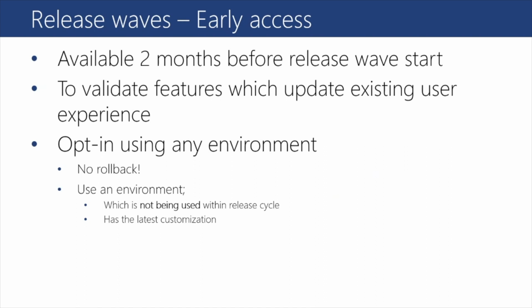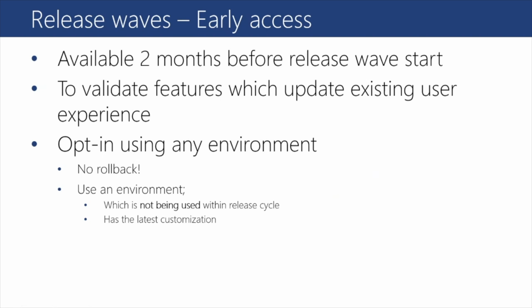But of course, since those are new features, those may change the user experience. Just be aware that there's no rollback mechanism once you enable the early access for any environment. And we also recommend using a separate instance which is not within your release cycle.